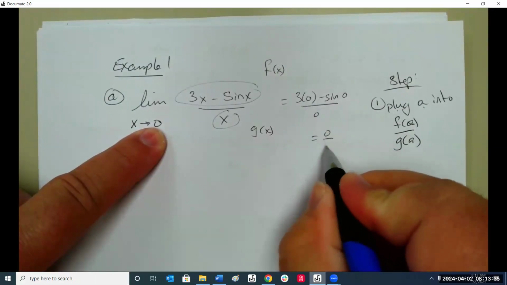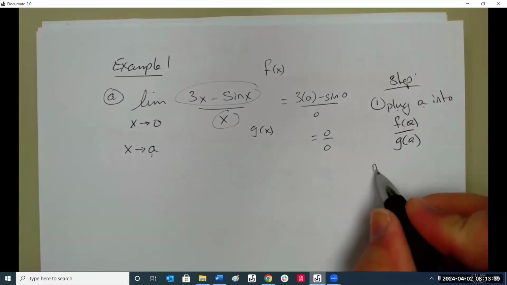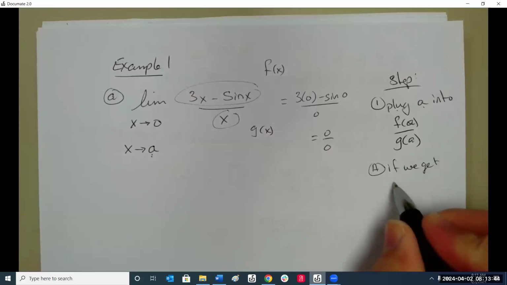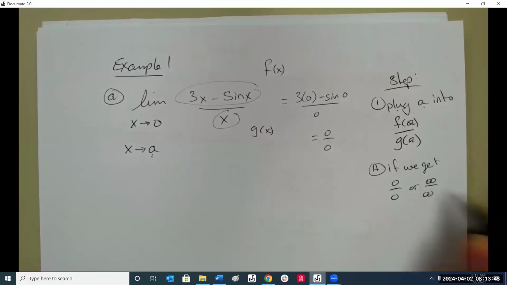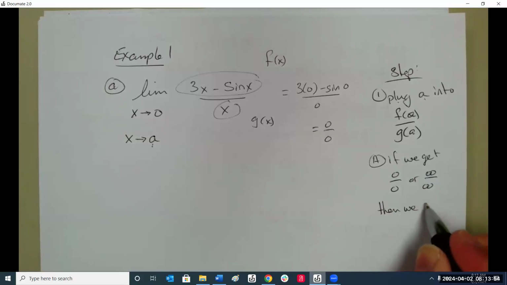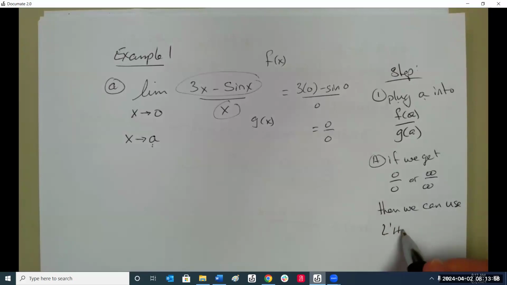That gives us 0 over 0. If we get 0 over 0 or infinity over infinity, then we can use L'Hopital's rule.